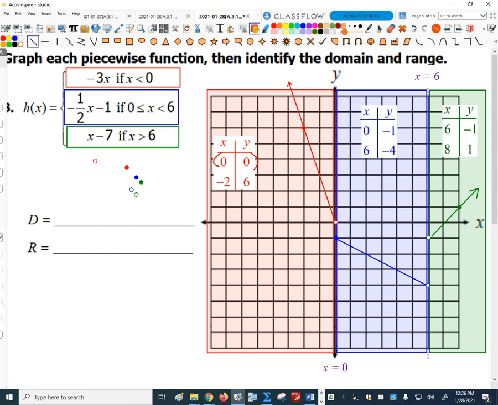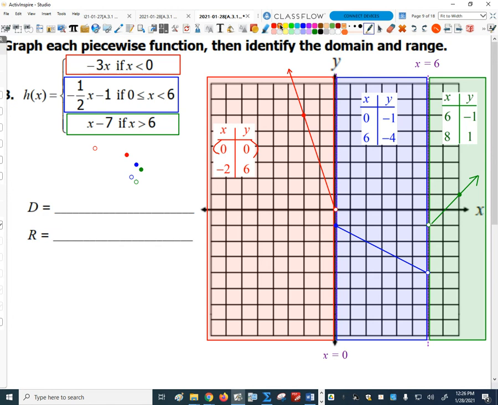Now let's get the domain and the range out of this, right? Okay, so what about the domain? Let's make the domain orange, just like before. Would it be an open endpoint on the 8 because it's not a greater than or equal to sign?